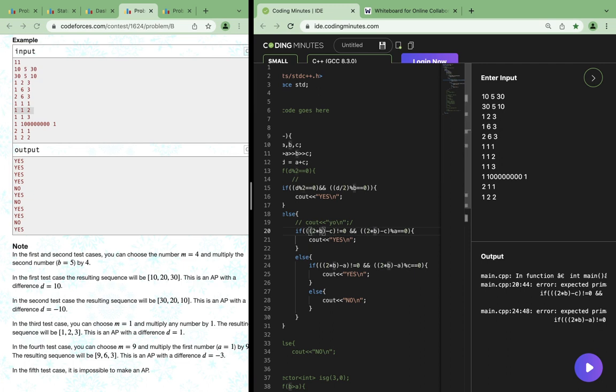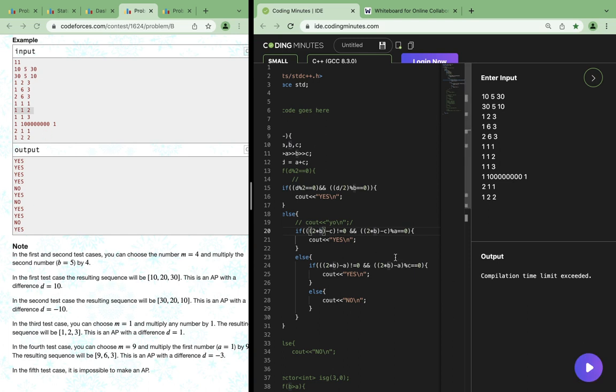We did not make a mistake, I guess. So 113 is correct, and second last is 211. So 211 would be 3 divided by 2. Again, it will go no, and then it will go for a.